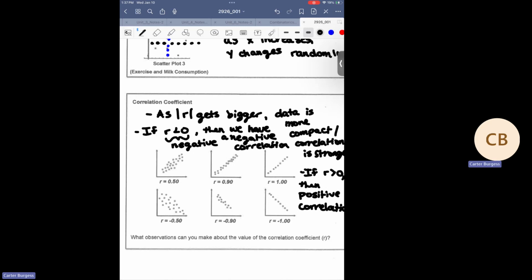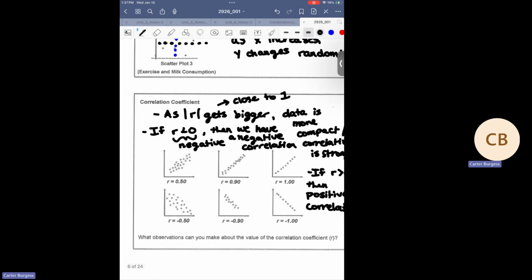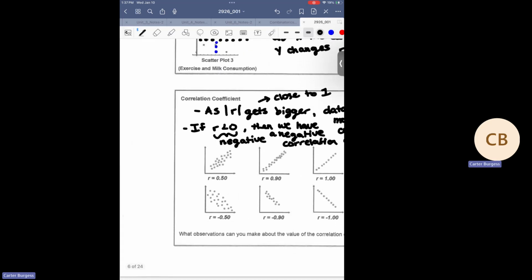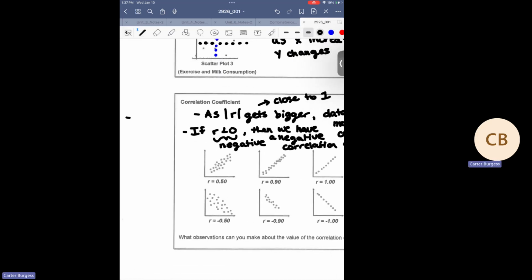So if R is getting bigger, if R is close to 1, then we would say that the correlation is getting stronger. The closer we are to 1, the stronger our correlation is. And we might make a note here that as the absolute value of R maybe gets close to 0, the weaker our correlation gets and the more spread apart our data generally is.